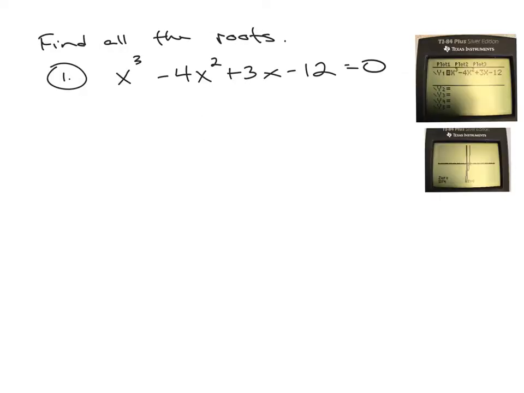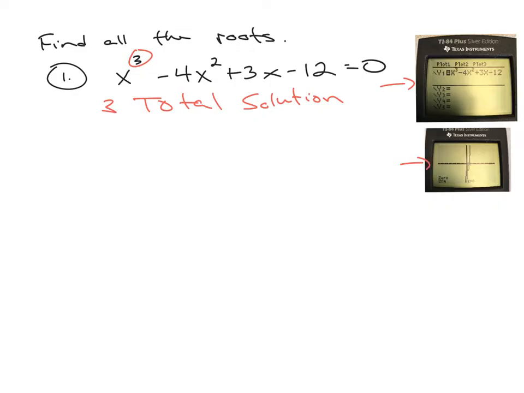Here we go. First up, I went ahead and jumped ahead here just to save time on the video, and I'm asking you guys to find all the roots. So right off the bat, we know the highest exponent's 3, so there's 3 total solutions. I went right to my calculator and I plugged in that equation, as you can see right here. I graphed it, hitting zoom 6.